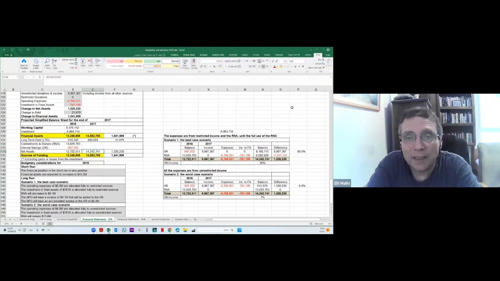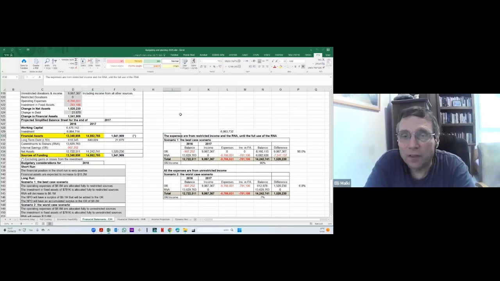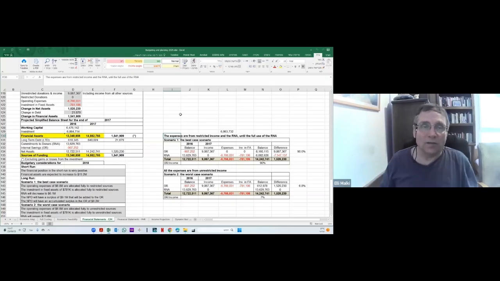So what is the best case scenario? The best case scenario, which is described here in words, is that the expenses are taken from restricted income and the restricted net assets until the full use of the restricted net assets. Okay, which means that we always want to use as much as possible from the restricted sources, but there is a limit.